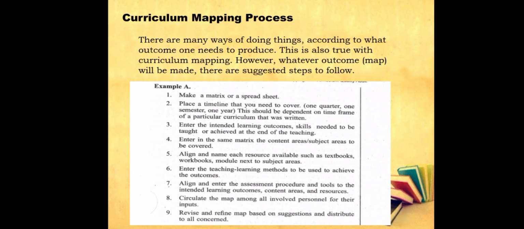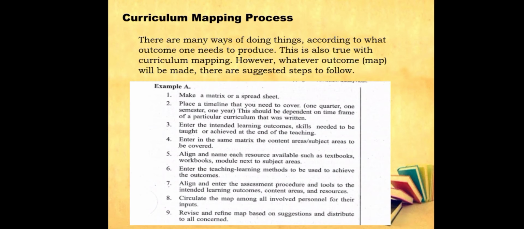There are many ways of doing things according to what outcome one needs to produce. This is also true with curriculum mapping. However, whatever outcome or map will be made, there are suggested steps to follow. Example A. 1.